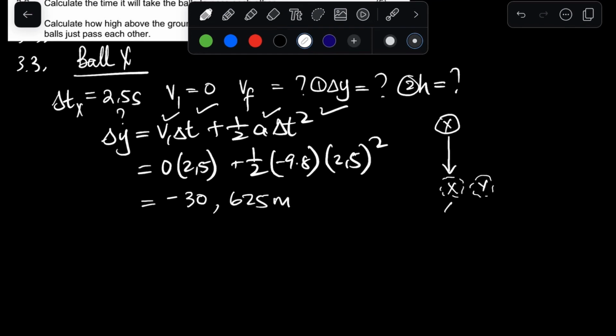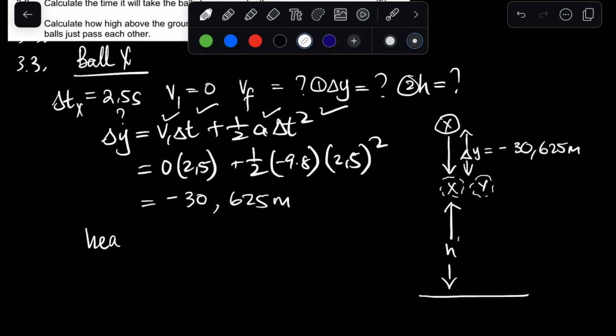With Y. But what we wanted was the height above the ground. So we got to this distance here, negative 30.625 meters. But what do we want? We want the height. So what are we going to do? The height above the ground will be the entire distance, which is the 50.